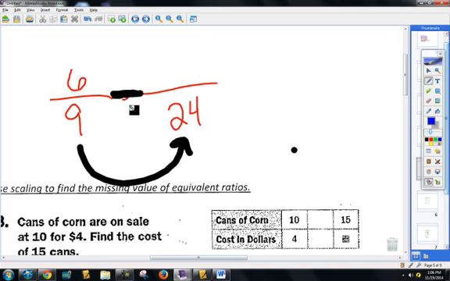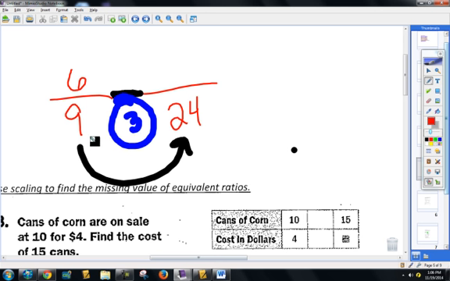Okay, so what we have to do is figure out something I can scale to that would allow me to get evenly to it from 9, but also be able to get to 24. So I want to find a common factor. If you want to use the greatest common factor, that makes it even better. But this one, what's a common factor, Mega? 3. You guys agree with that? Yeah. So now we can break it down.